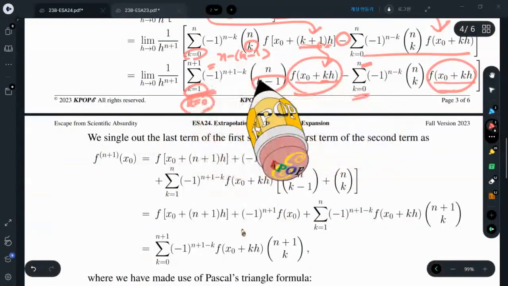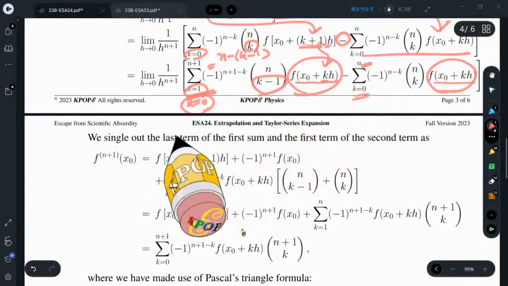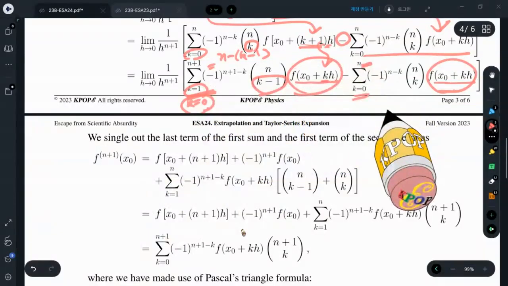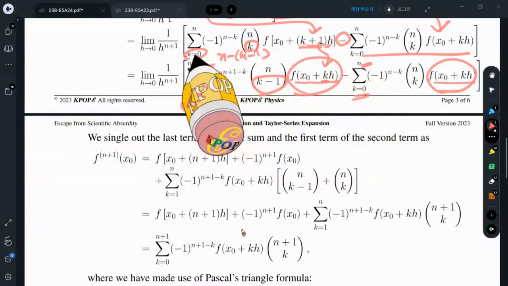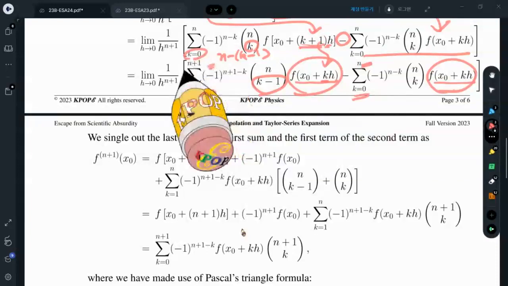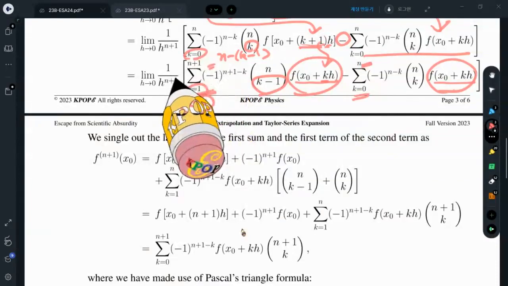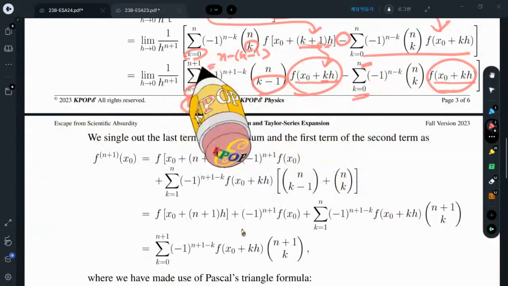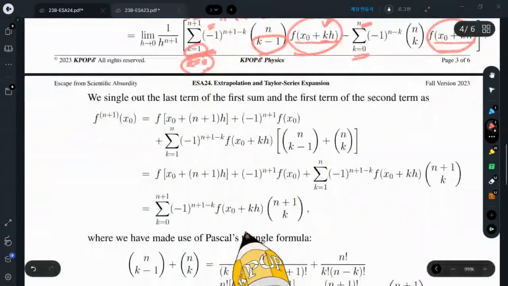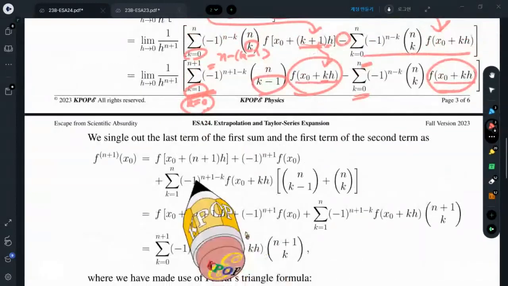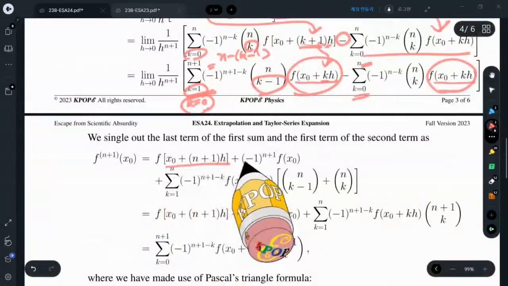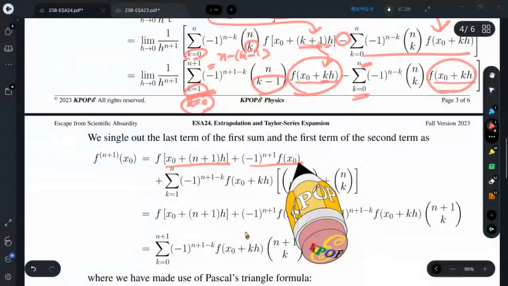And at the end, we need to consider the number n plus 1. We should be careful. So at the end, we have this term and this term outside.